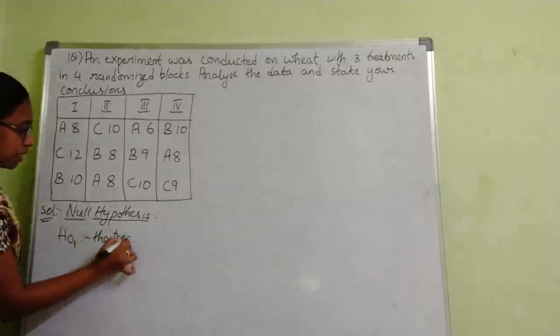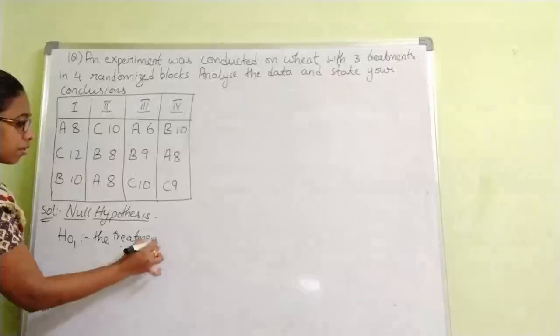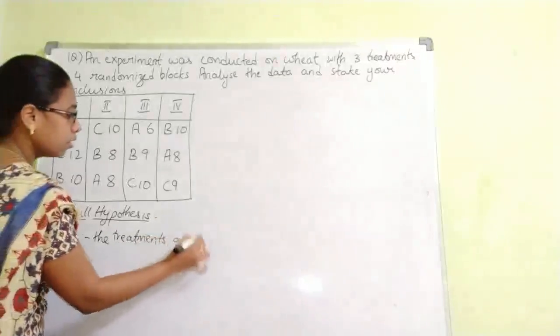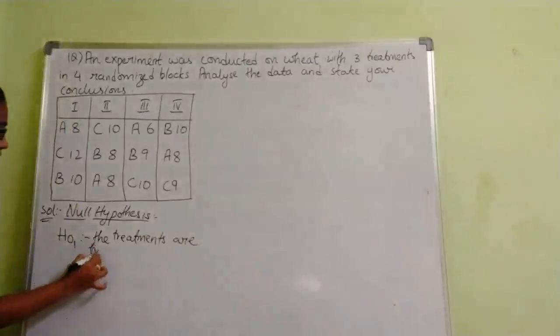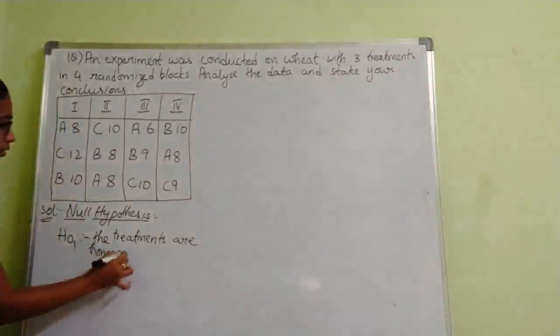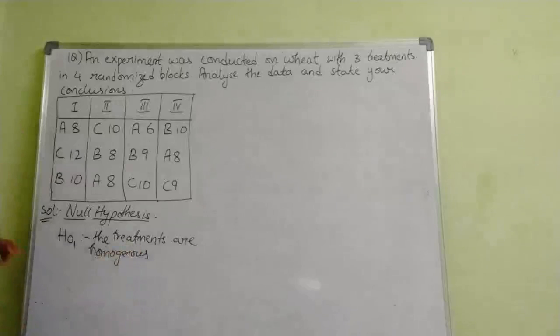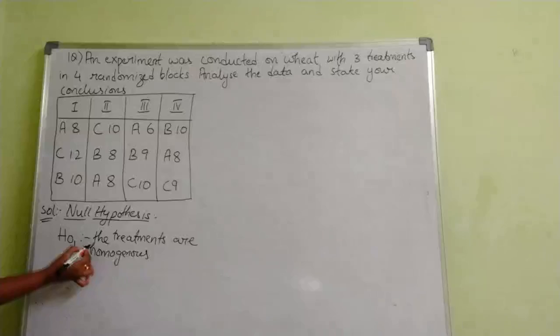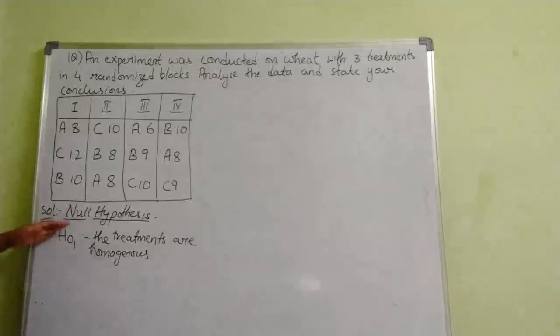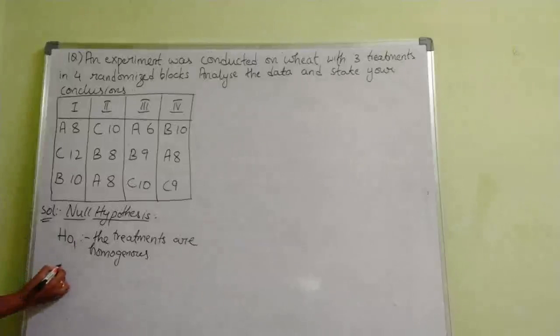Similarly, the alternative hypothesis is written as: the treatments are not homogeneous. Treatments are homogeneous means there is no significant difference between the 3 treatments. You can write it in your own way; here I have written treatments are homogeneous. You can also write there is no significant difference between the treatments.